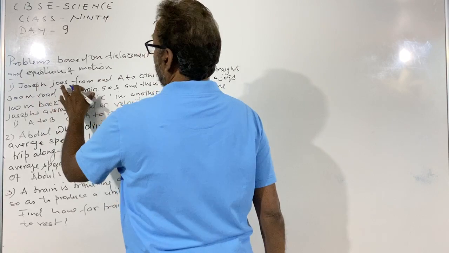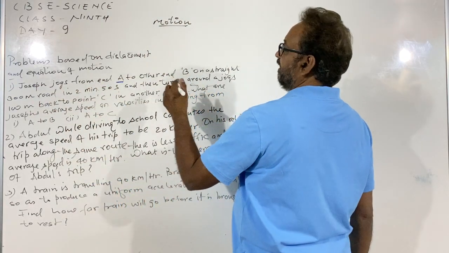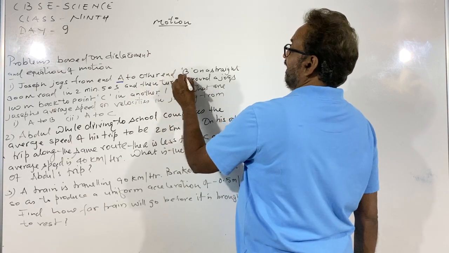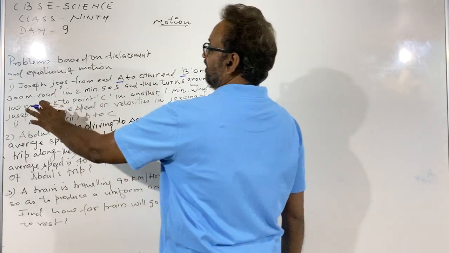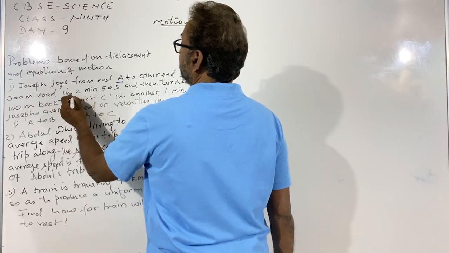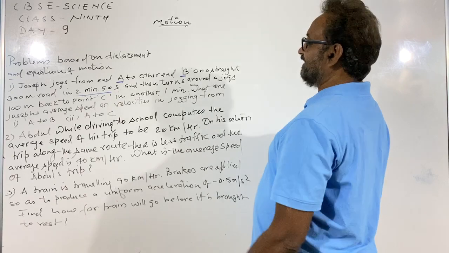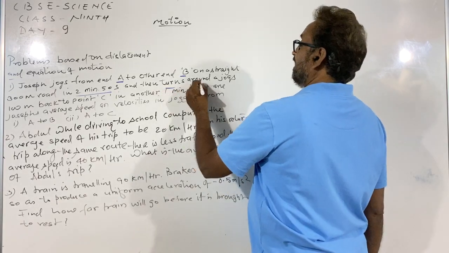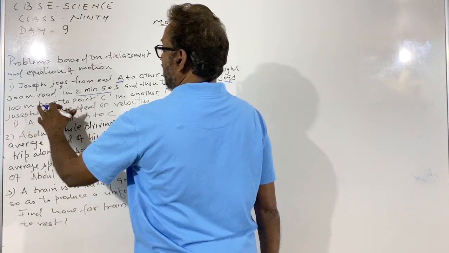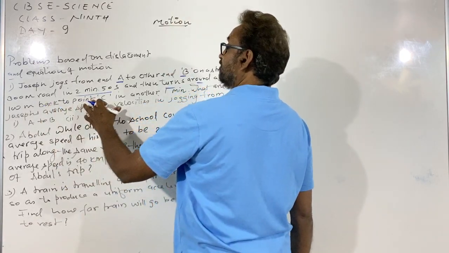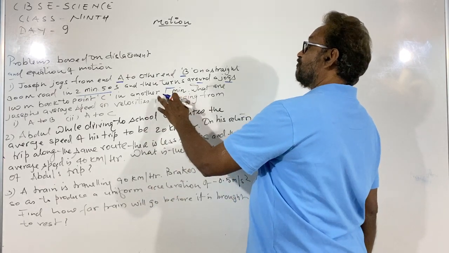Joseph jogs from point A to other end B on a straight 300-meter road in 2 minutes and 30 seconds and then turns around and jogs 100 meters back to the point C in another 1 minute.